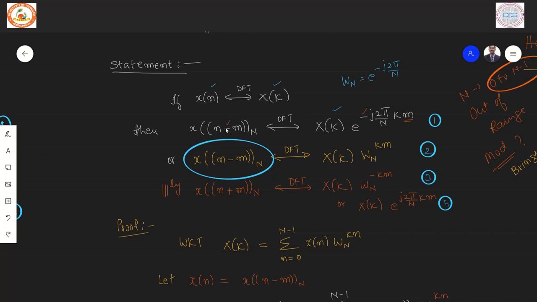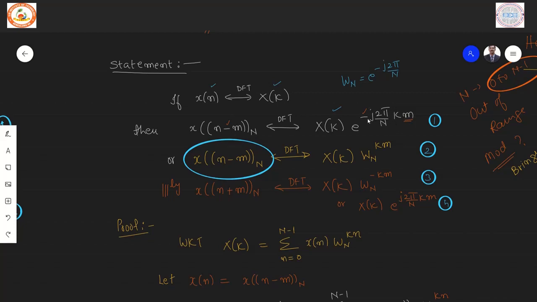So when we see minus here, the power of the exponent is also minus. And the exponent, as you know, looks very much like your twiddle factor e to the power of minus j2 pi by N. In the DFT equation, we have the term kn. Now here we have k times the shift, so the magnitude of the shift is given by m.